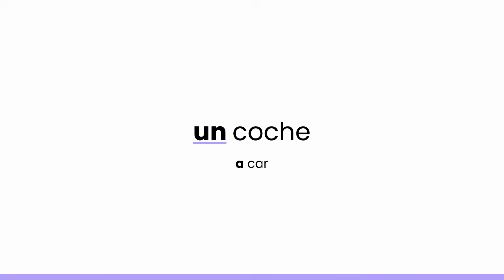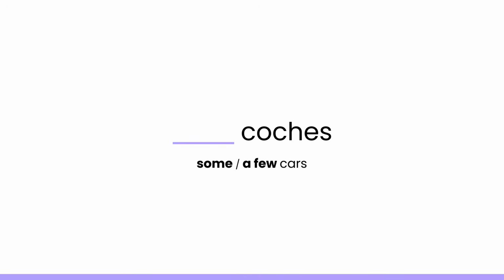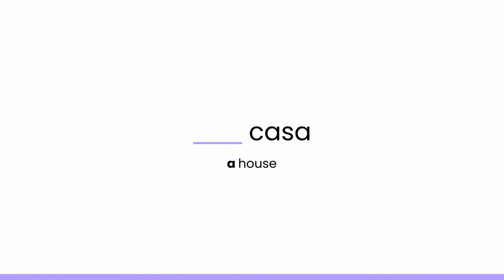And if you want to turn coche into multiple coches, so instead of saying a car, we want to say a few cars or some cars, which is the same thing in Spanish, then un coche turns into unos coches, some cars or a few cars. So un and unos. All right, and then let's also look at the feminine articles. Instead of saying la casa, the house, if I want to say a house, I say una casa.